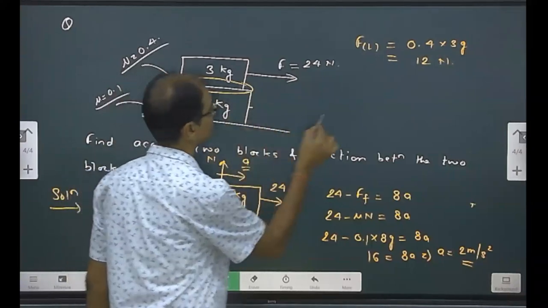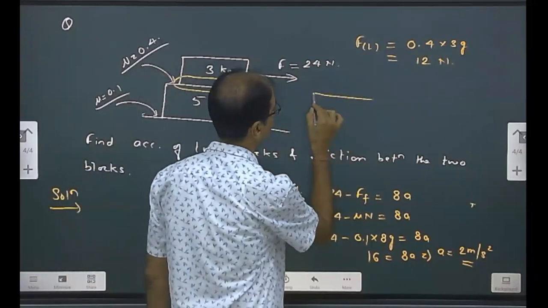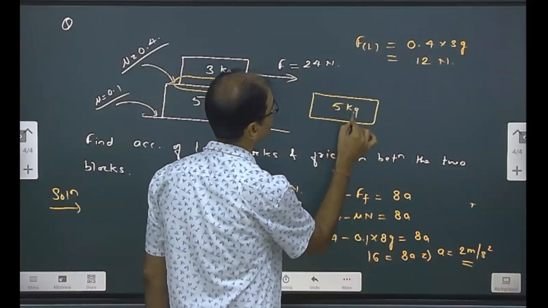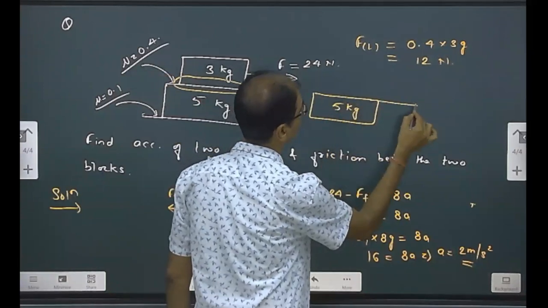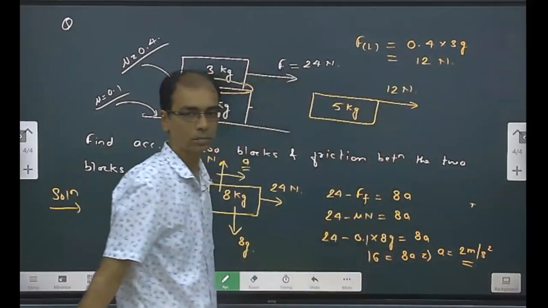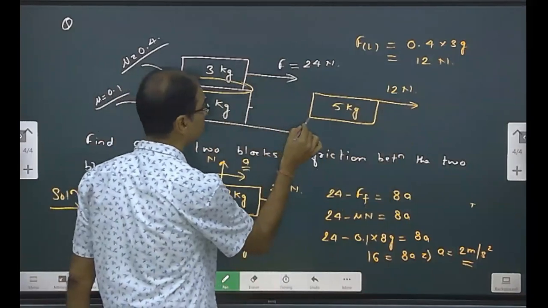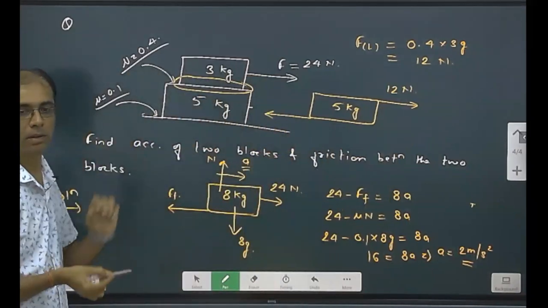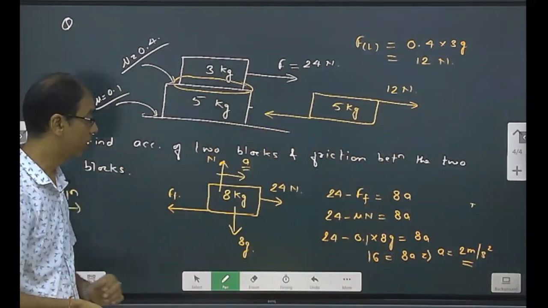So let's see 5 kg now. On 5 kg, your limiting friction is acting like this. How much is it? 12. Here there is one friction acting, which is this one. How much is its value? We already calculated it.